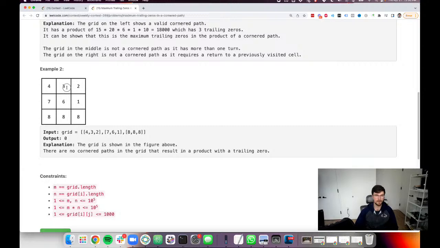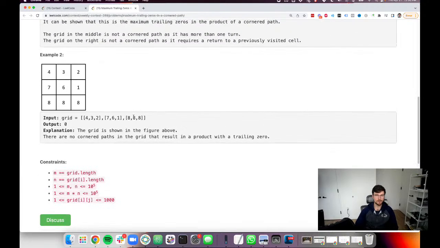Okay, yeah. If we think about this, there's a couple of questions. How do we identify a cornered path? And how do we count the number of trailing zeros? Our grid could be very large, pretty massive, so we don't want to consider every possible product, because the product could be super large.